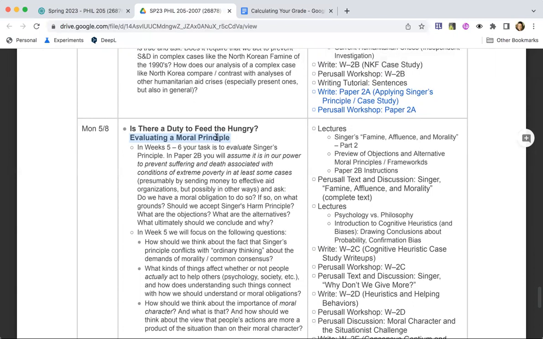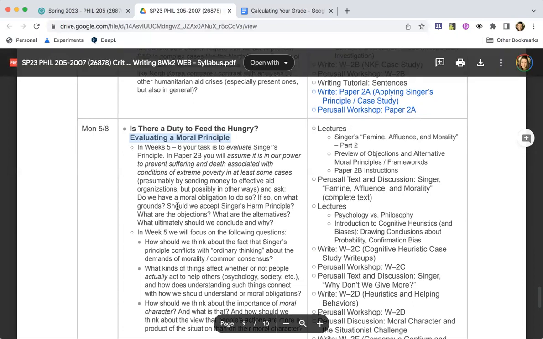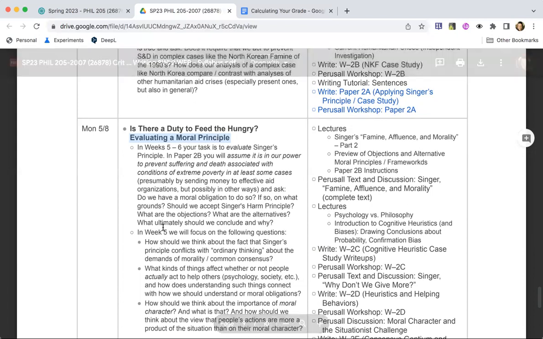It suggests that most people living in affluent countries are doing something morally wrong by doing nothing. It suggests that the moral bar is higher than most people think it is, or at least judging by their actions, think it is. What should we think about that? Is Singer right? Is this the principle we should accept? What are some objections? What are some alternatives?